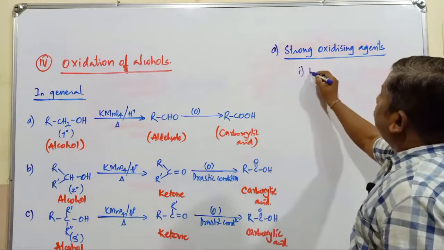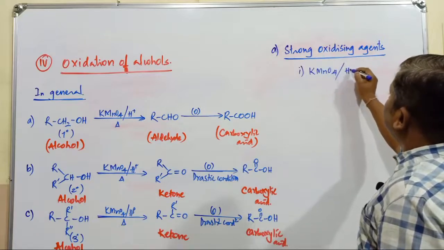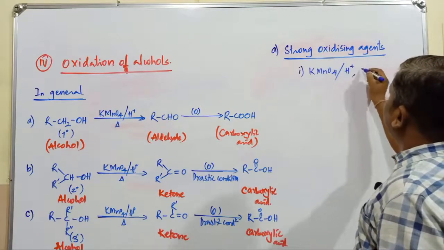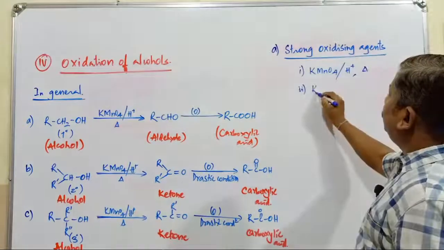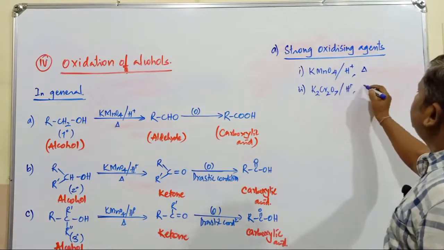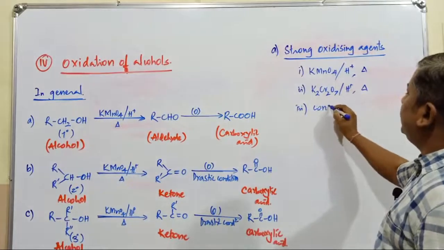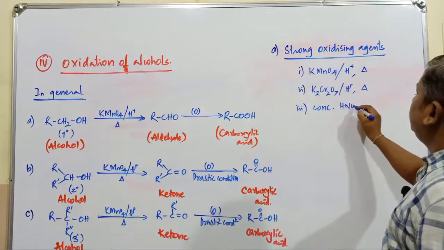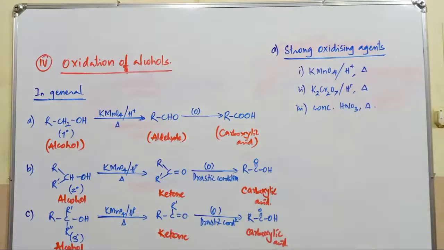First one is KMnO4 with H+, that is acidic KMnO4. K2Cr2O7 with H+ followed by heating. Next one, concentrated nitric acid followed by heating. These are all called strong oxidizing agents.